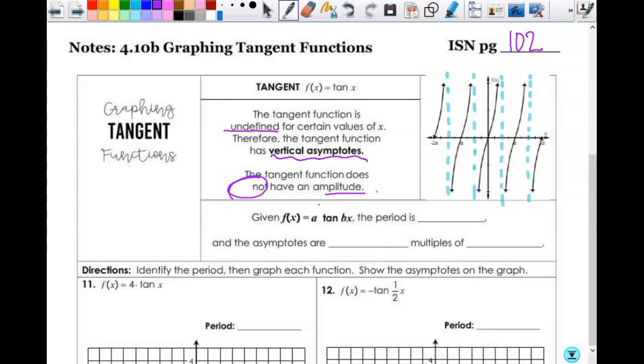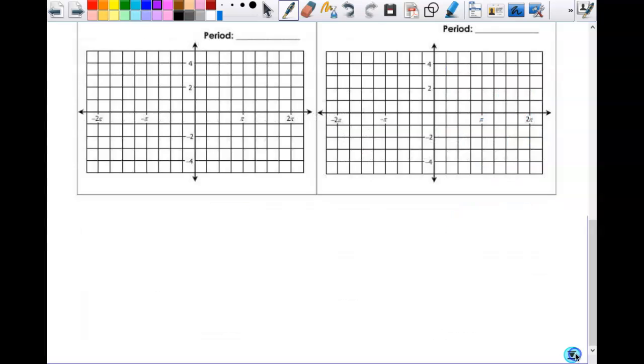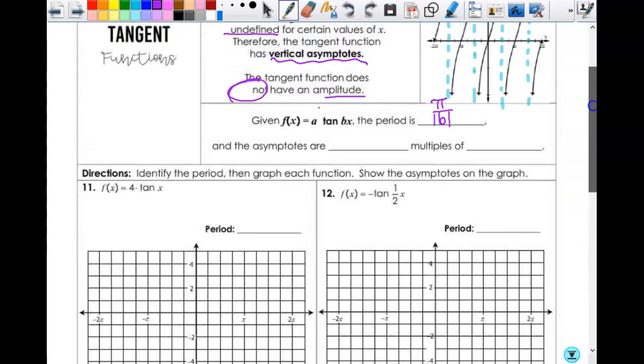Okay. So we're going to look at the two minor transformations, just the stretches here. So if f of x equals a times the tangent of bx, so there's your a and b. The period, we just talked about that. It's pi divided by the absolute value of b. And then I'm going to define where the asymptotes are.